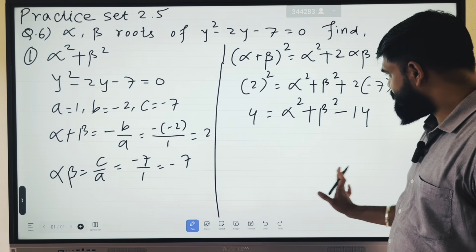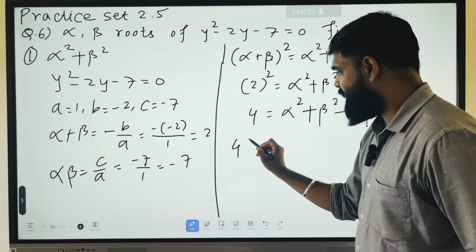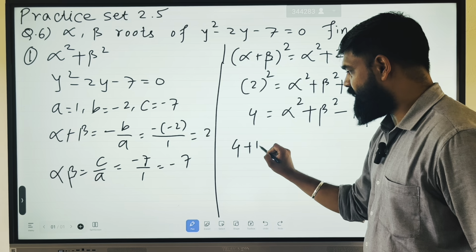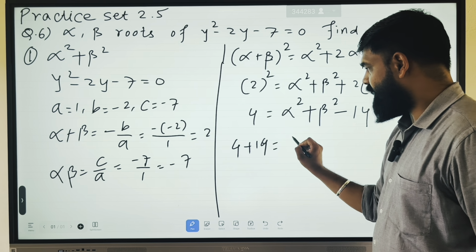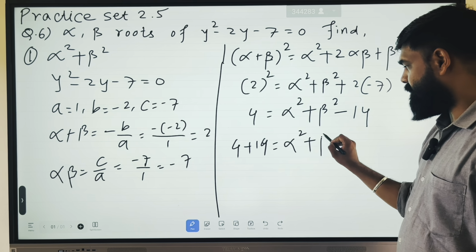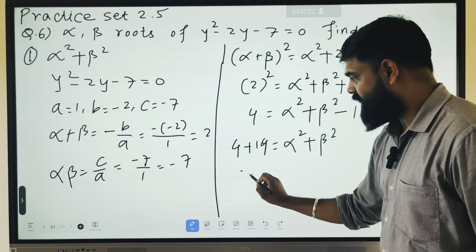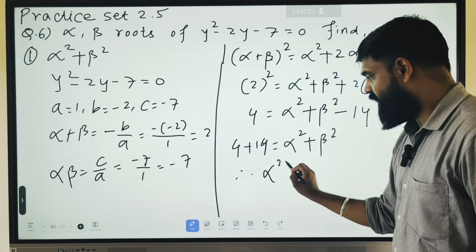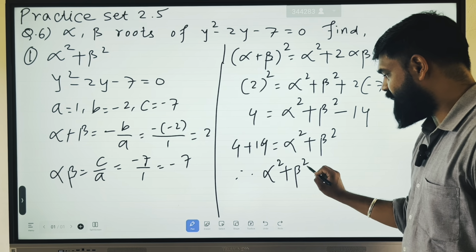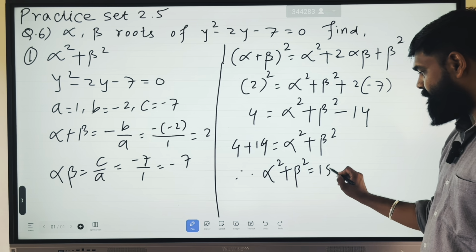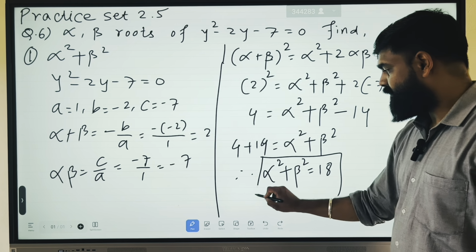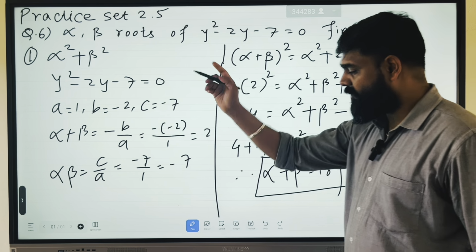Let us take this to the left hand side: minus 14 will be plus 14. Therefore the value of alpha square plus beta square is 4 plus 14, that is 18. So this is the correct answer of this question.